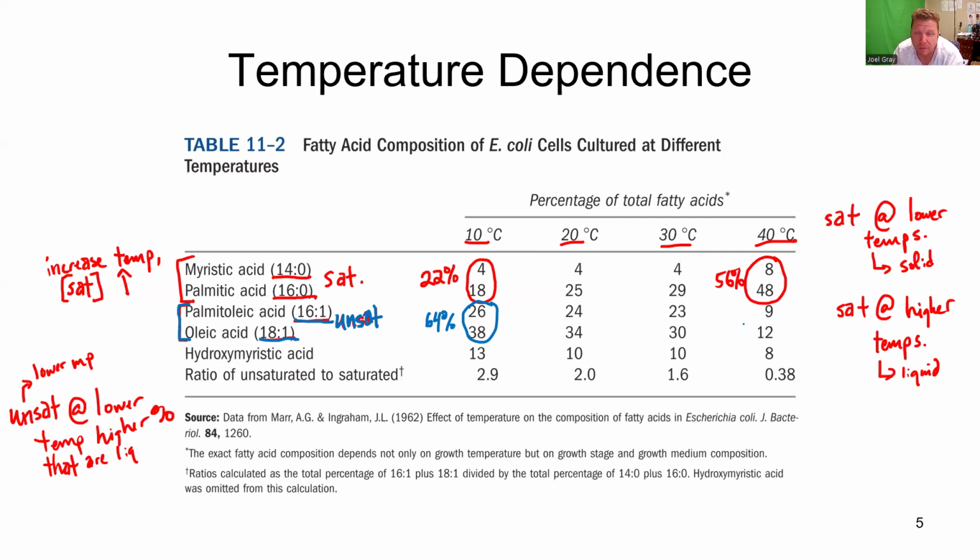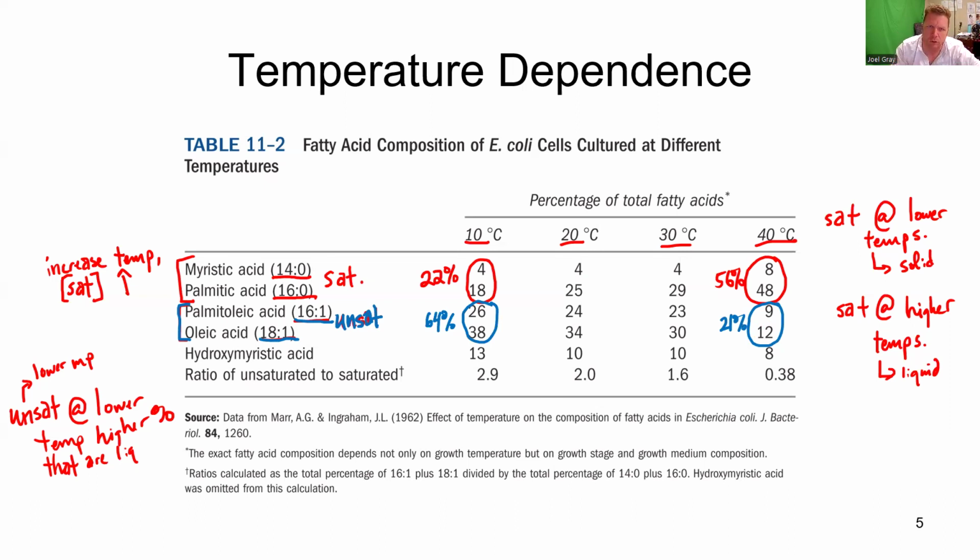So we've got like almost a 3-to-1 ratio of unsaturated fatty acids to saturated fatty acids at 10 degrees Celsius. At 40 degrees Celsius, only about 21% of fatty acids are unsaturated. So we have this inversion.